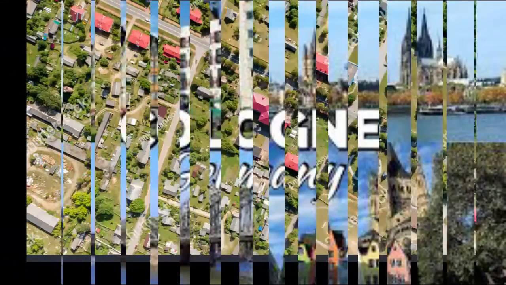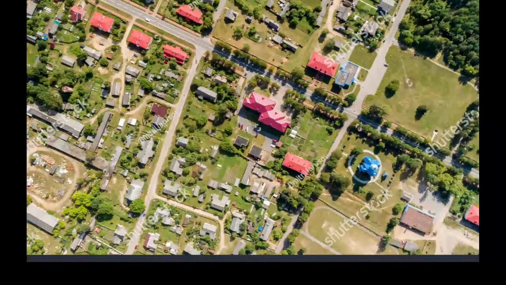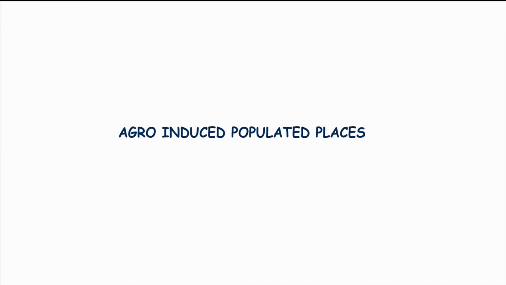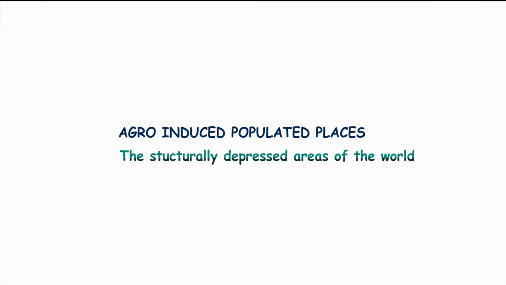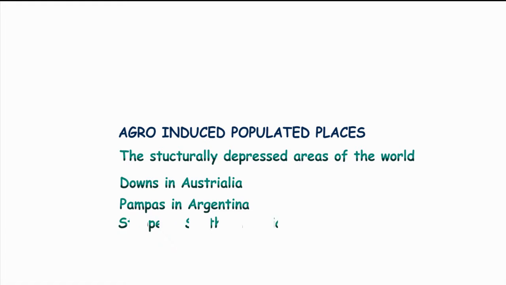We also have another human factor to be cultivation or agricultural increase or agriculturalization. Examples of places where agro increase or agro yield has led to growth in population are the plains or depressed areas in the world like the Downs of Australia, the Pampas of Argentina, temperate grassland and the steppe and West Africa.